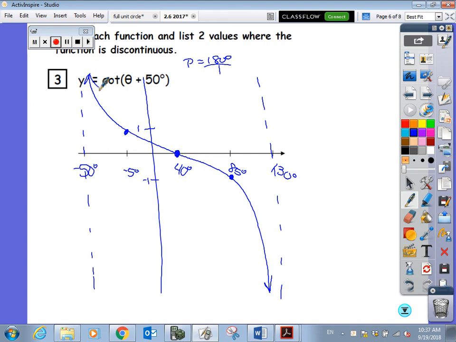Or you just have to graph, like if we say graph one cycle, for cotangent it wouldn't matter, but for tangent, if you happen to start at the beginning instead of the middle, then your asymptote ends up in the middle, and then you just got to figure out whether it goes up or down, and where it starts and ends, which just makes it a little more difficult. And then the 2 values where it's discontinuous here, theta equals 130 degrees and negative 50.